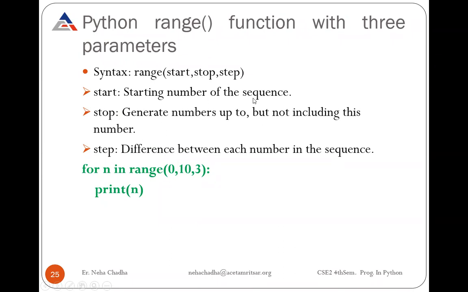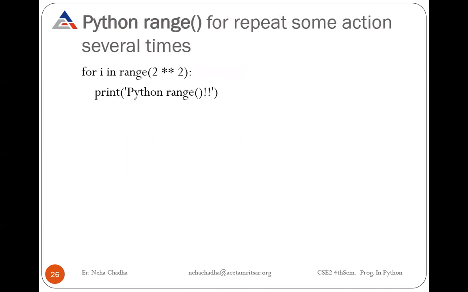Step is the difference between each number in the sequence. If you want to give a negative value here, you will start your loop from some positive integer value like 10 and go up to 0, and you can decrement the loop as well.